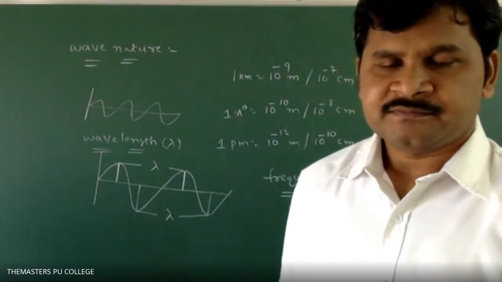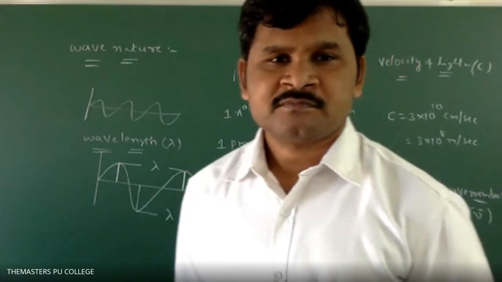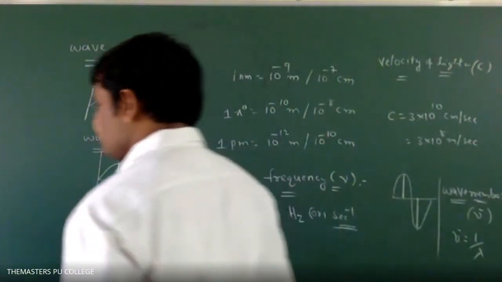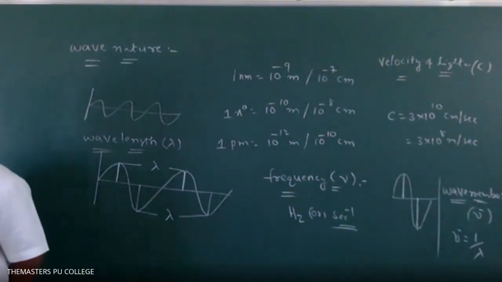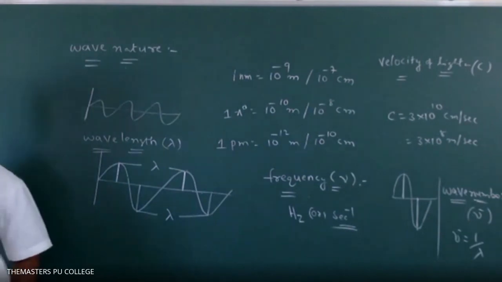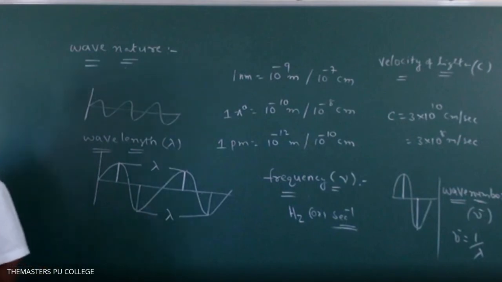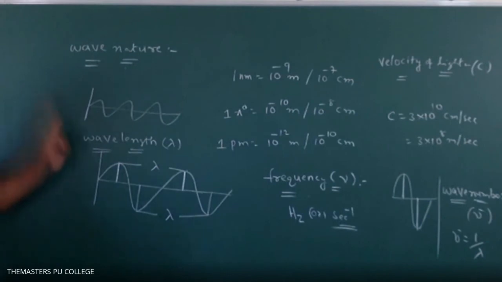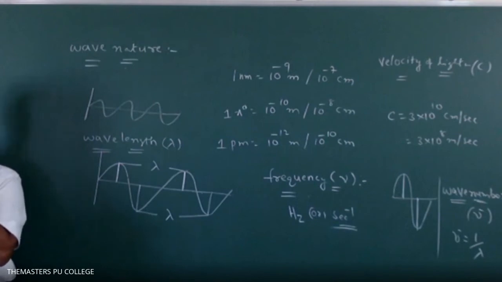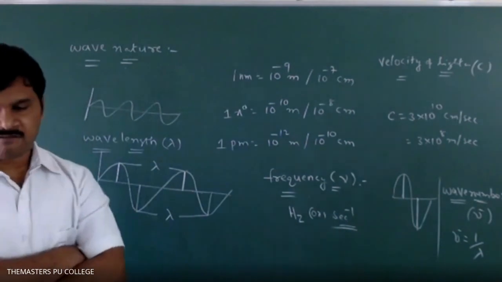Side heading: characteristics of electromagnetic waves, or characteristic properties of waves or electromagnetic waves. First one, wavelength.